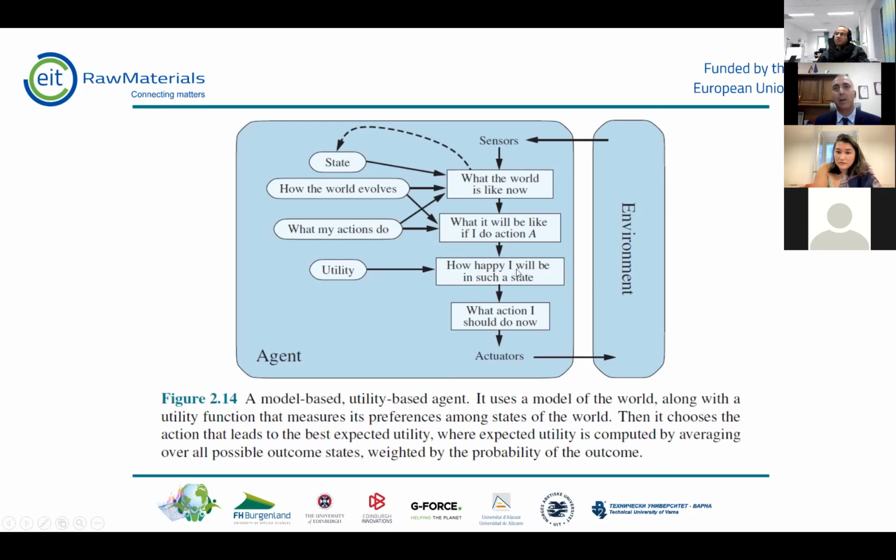How happy I would be in such a state. This could be some regression element that evaluates the degree of happiness according to the specific cost function. So we will speak about some of those modules a little bit later, as they will be implemented with machine learning methods for modeling or for decision making.